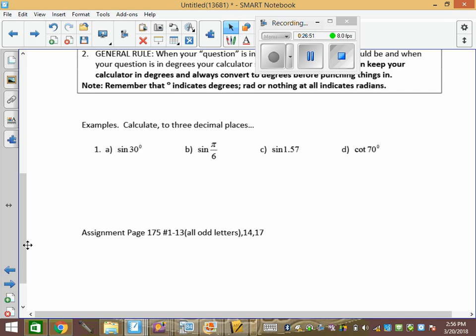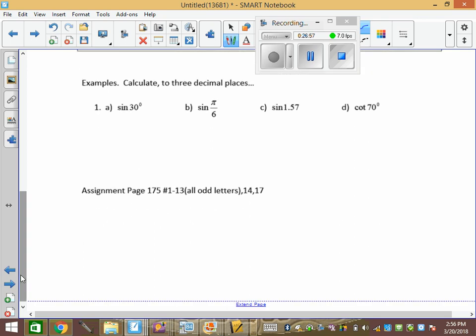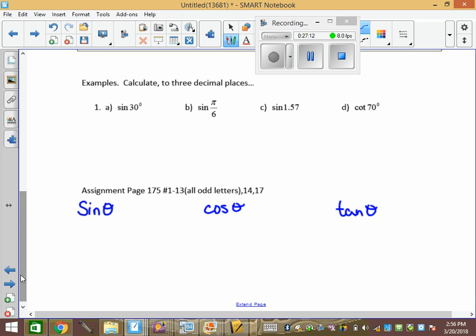This is something to note, and on your formula sheet, it even tells you this. Pay attention. So you had sine, cos, and tan. You're also going to have cosecant, secant, and cotan now. So sine theta, cos theta, tan theta are ones we know already.